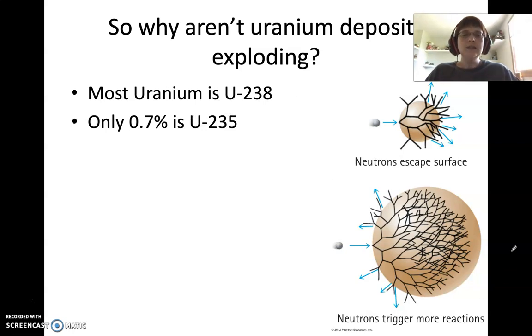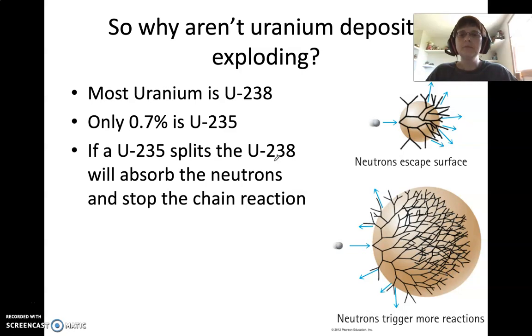So if this is a section of uranium, the 235 would be all spaced out through this rock. So if a uranium-235 atom does split, uranium-238 doesn't fission very easily. In fact, instead of splitting in a fission reaction, it just tends to absorb neutrons. It will be radioactive and it will undergo radioactive decay.